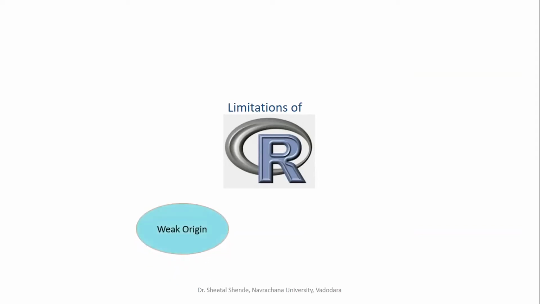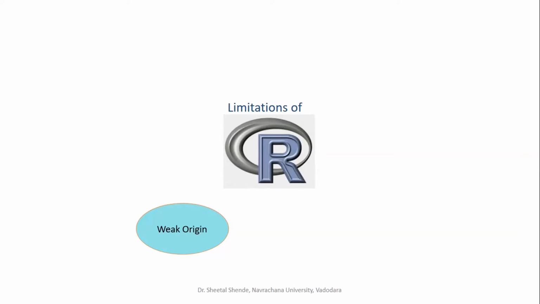R is a dialect of a very old language called S. S is a programming language, and it was developed by John Chambers in 1976. So R is developed from that S. So obviously it is a very old technology. When it comes to 3D graphics, R has very limited support for that.